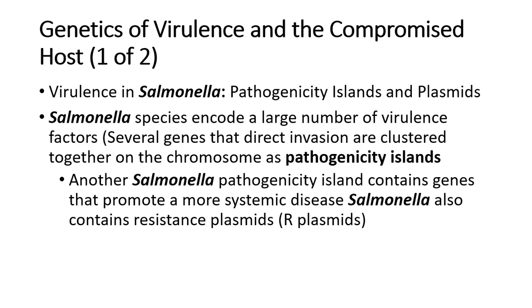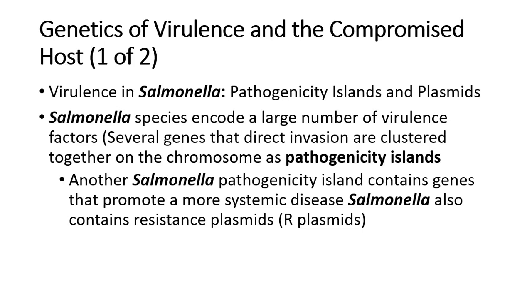It encodes a large number of virulence factors that allow it to directly invade, and these genes are clustered together in a little area on the chromosome. So we call this a pathogenesis island.